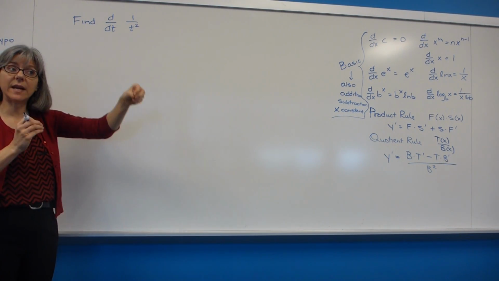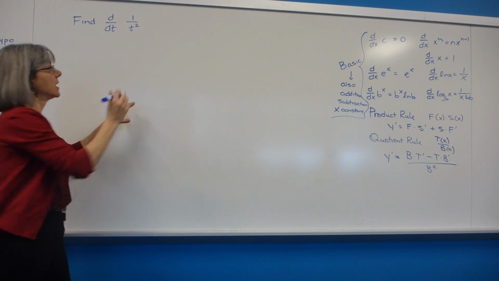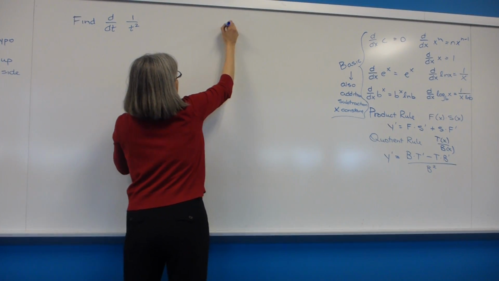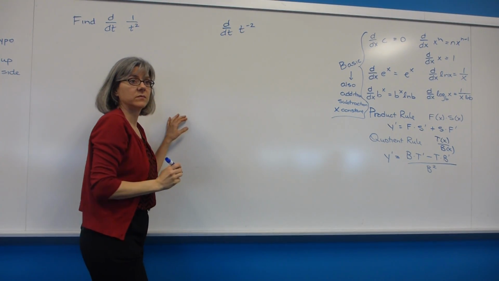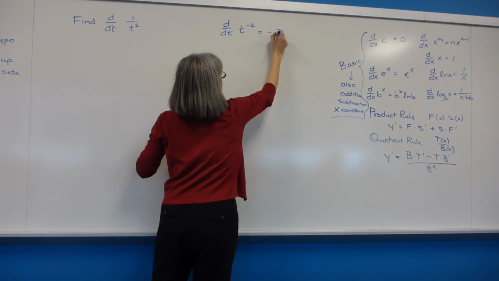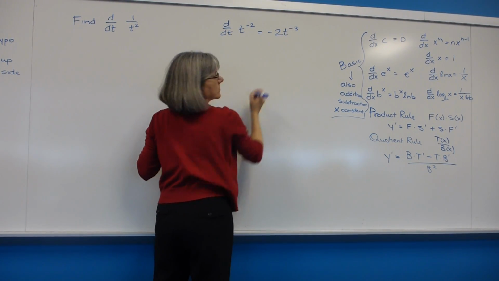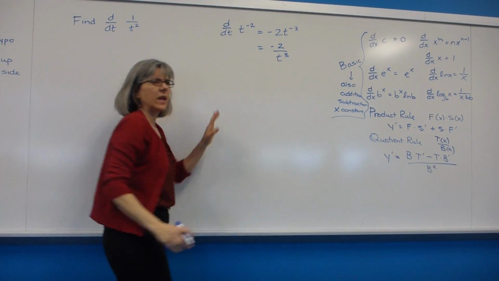If you can rewrite it into something that you know how to do as a basic, then that counts as being a basic. So I could rewrite this way, and then we know how to do that. Or if you put it in a denominator. So that's what we expect to get.